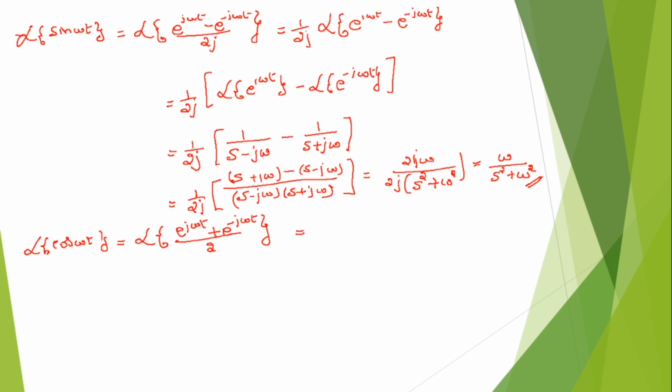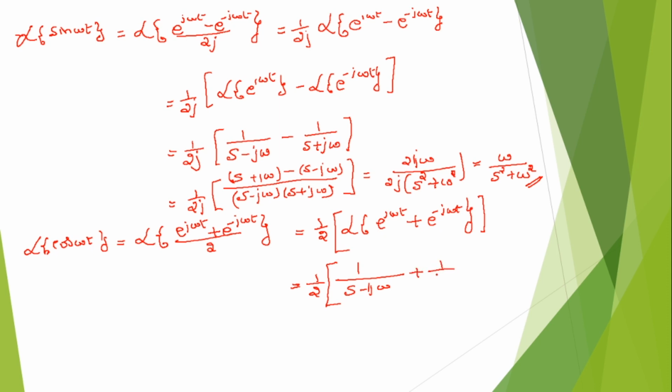So it is 1 by 2 into the Laplace transform of e to the power j omega t plus e to the power minus j omega t. Similar to sin omega t, it is 1 by 2 times 1 by s minus j omega plus 1 by s plus j omega.